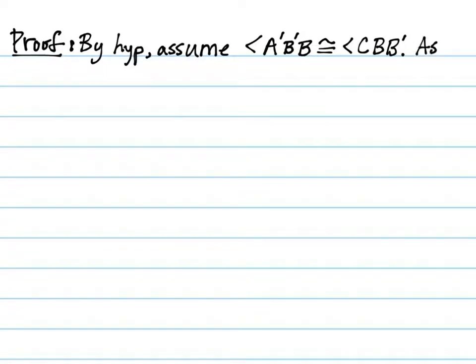And this is our RAA hypothesis, right, assuming the contrary. So we're going to assume that L and L prime meet at D. And just for being able to talk about it in a more clear way, we're going to put D on a particular side of our transversal.